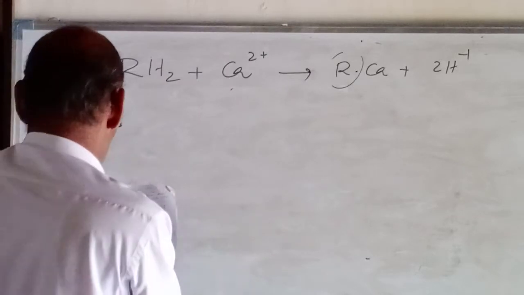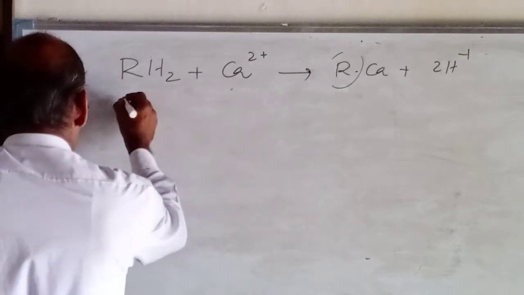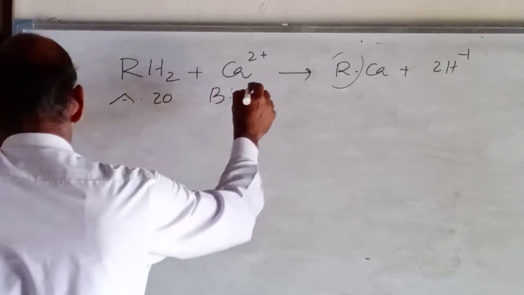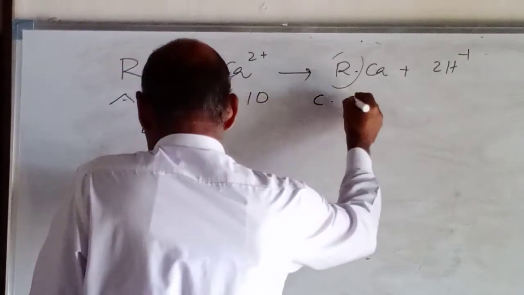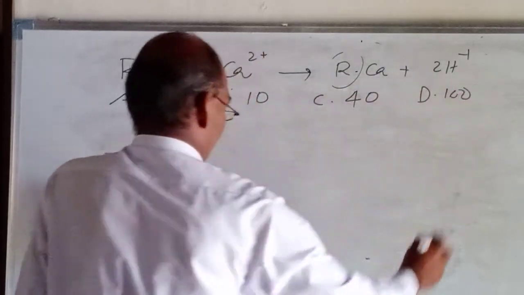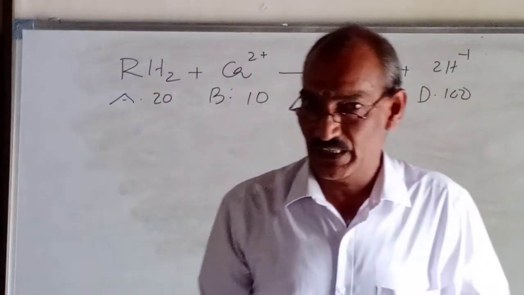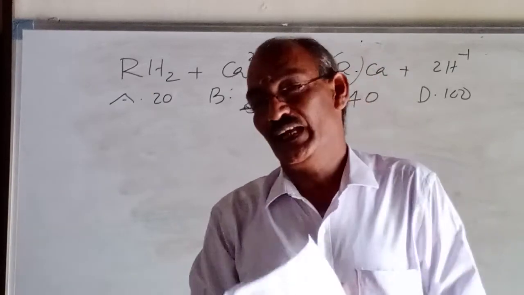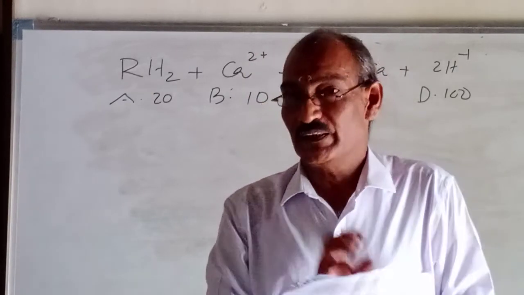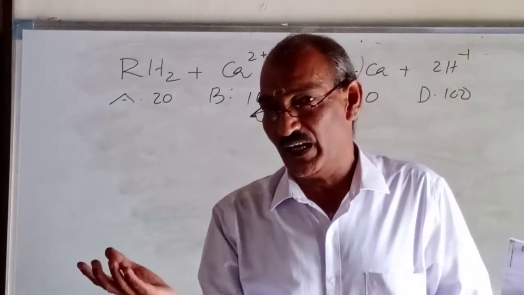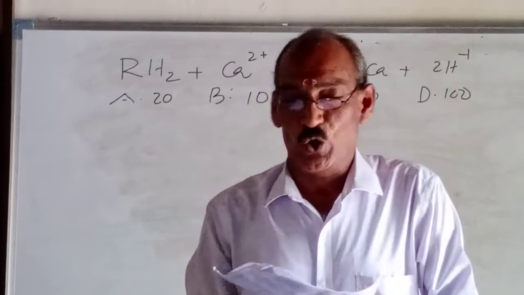So what can we think? The options they can give are A 20, B 10, C 40, D 100. In previous questions I did not say the options because you want to get the clear concept and how to solve. When we know the exact answer, we don't need other options.